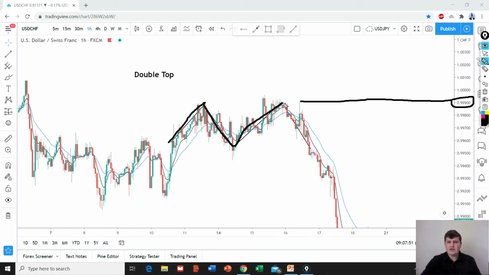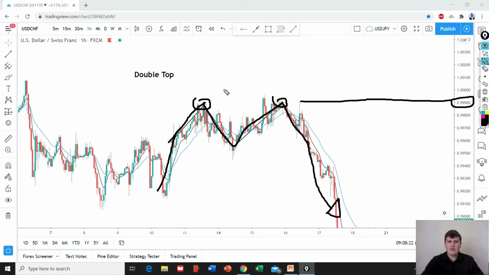It heads back to the same level, and as you can see, it forms a double top. And like I said, double tops are usually trend reversal indicators, so meaning when the preceding trend is upwards and the formation of a double top appears, then you can expect a move lower or a downtrend to take place after the formation of the double top.